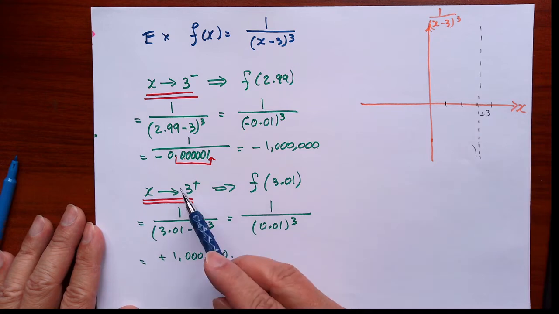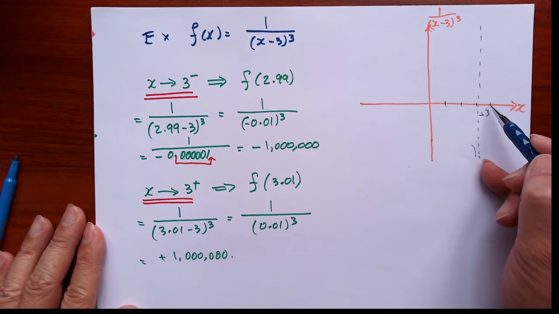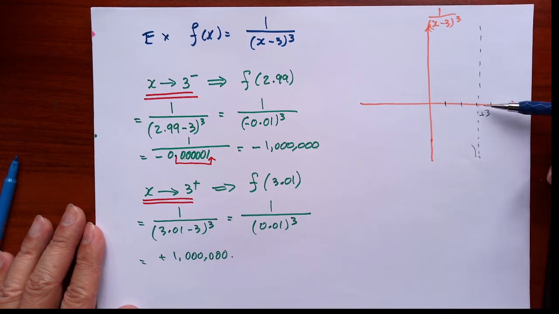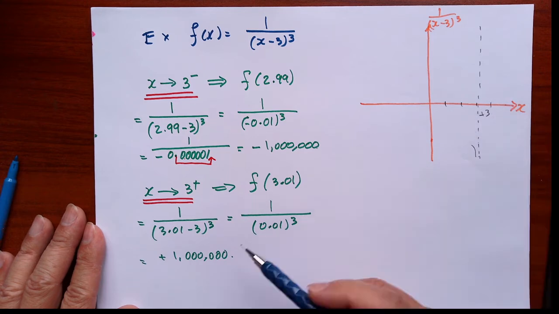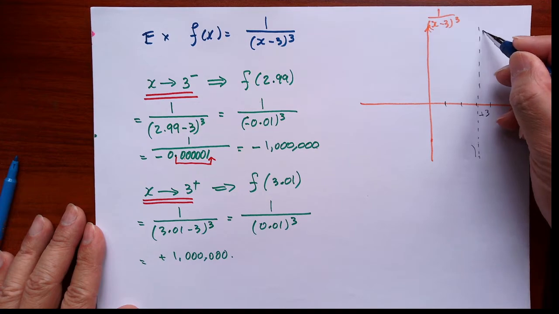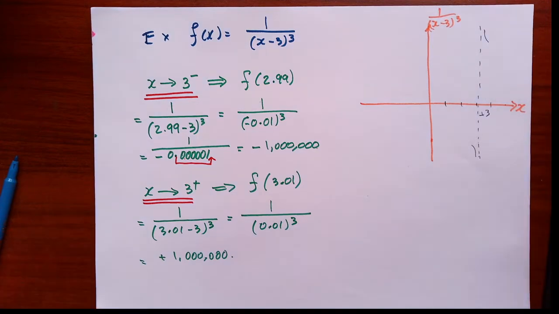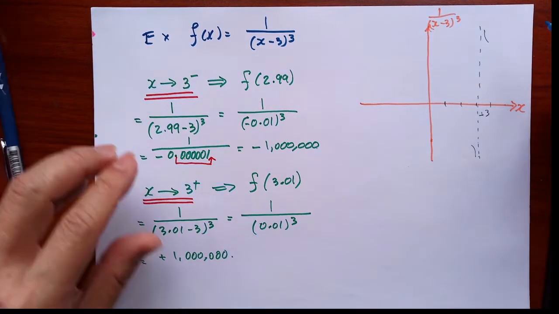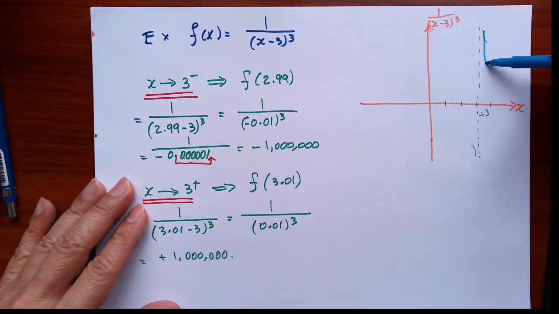And as x approaches 3 from the positive direction, y gets bigger and bigger, so it will get bigger and bigger this way. So the function actually looks like this.